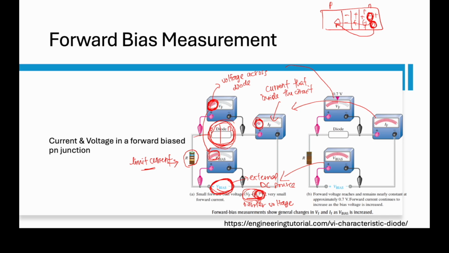However, when we increase the DC voltage much higher, we can see the voltage across the diode is now nearly constant, remaining at approximately 0.7.